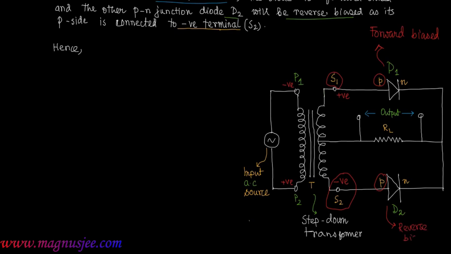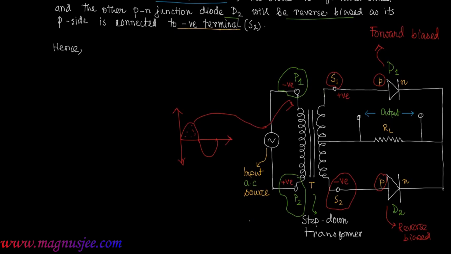during the positive half cycle. During the positive half cycle means what? We have this positive half cycle, then the negative half cycle. So we are considering that this positive half cycle is connected to this terminal, and due to this positive half cycle, P1 has the negative potential, and P2 has the positive potential.